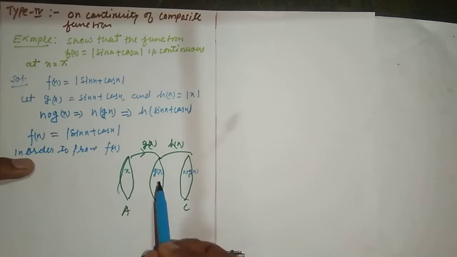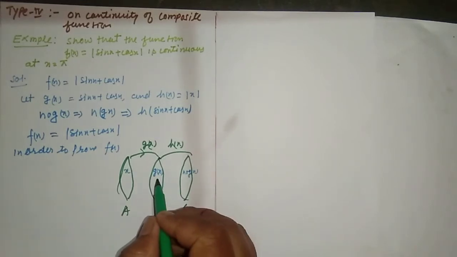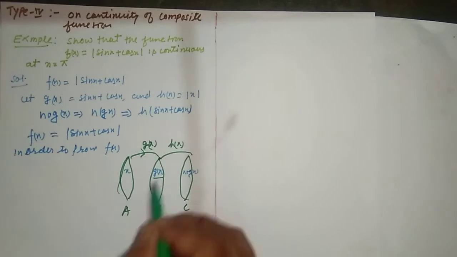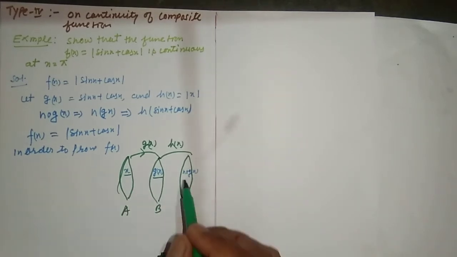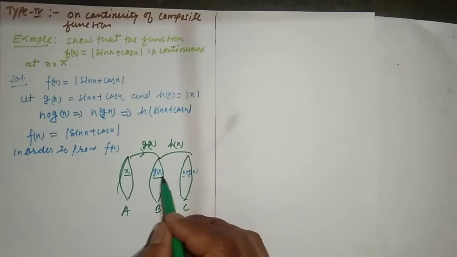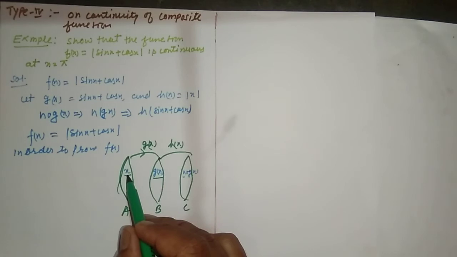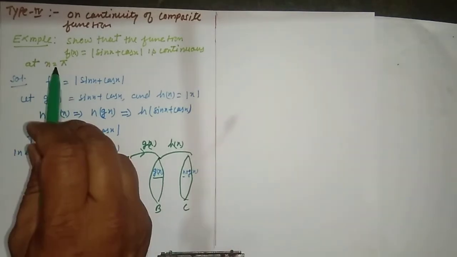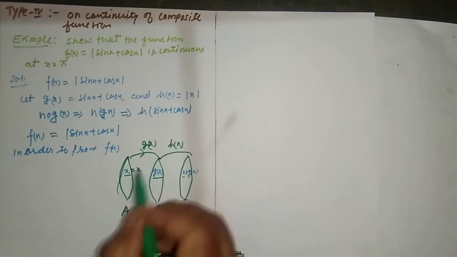Now next we have to prove f(x) is continuous. Just look at that. First of all we have to prove g(x) is continuous at x and h is continuous at g(x). g(x) should be continuous at what? At x, and x is given as pi, so we can write that x is equal to pi.